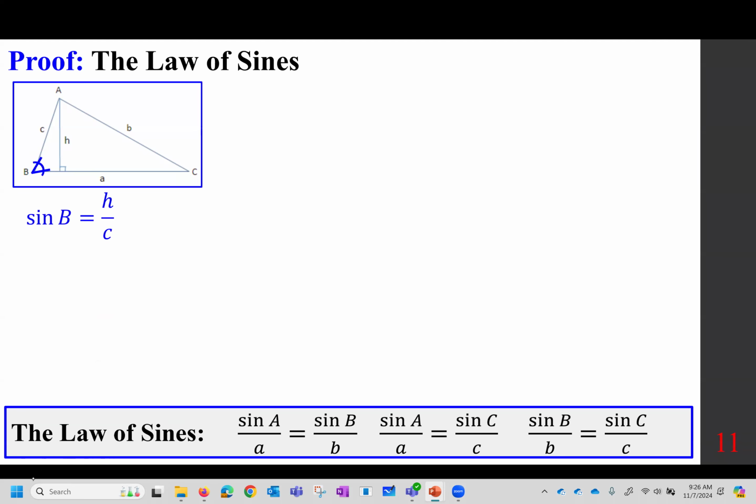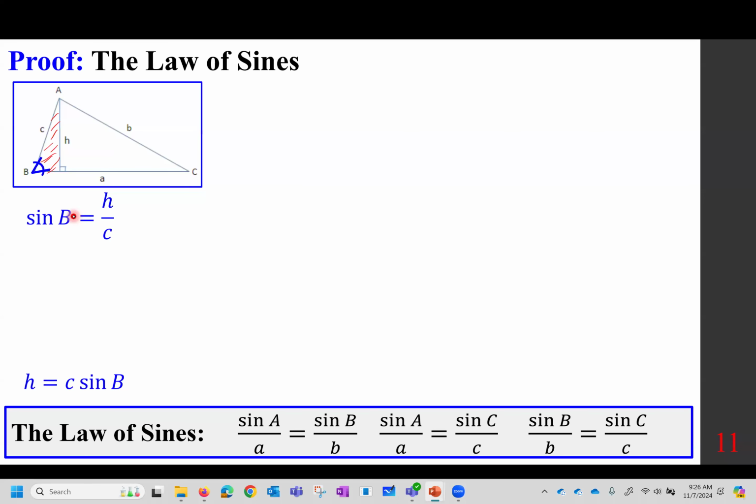So sine of this angle is h over c, and we are looking at this one, okay, everybody? Therefore, by cross multiplication, h is the product of these two.